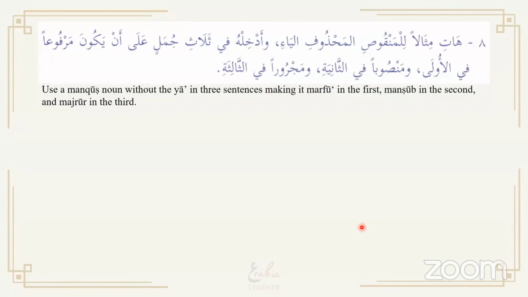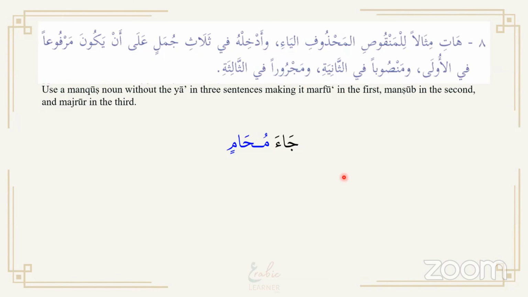Some of the students came back to me and said this was a confusing part of it. I explained to you in two different ways last week, so maybe that confused you, I'm not sure. Here you have to give three examples of the manqus which comes in Rafa, Nasab, and Jar.